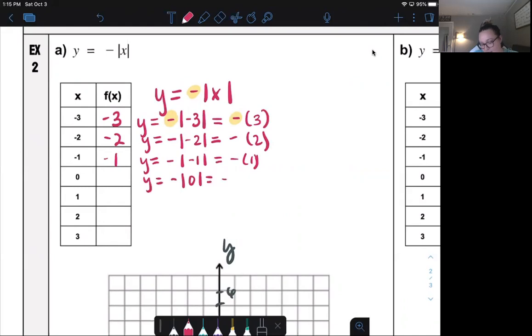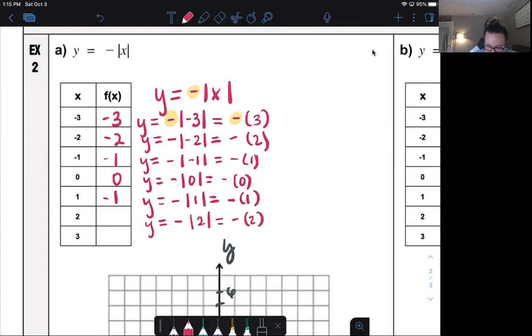Well, that's just the negative of 0, which is just 0. y equals the negative of the absolute value of 1, which is the negative of 1, so we get -1. y equals the negative of the absolute value of 2. We get the negative of 2. y is equal to the negative of the absolute value of 3, or the negative of 3. So we get -3.